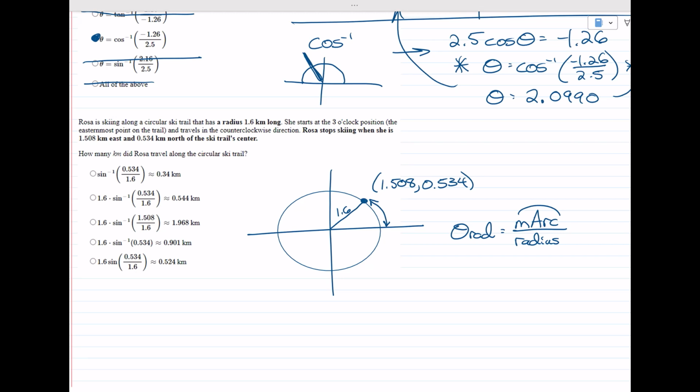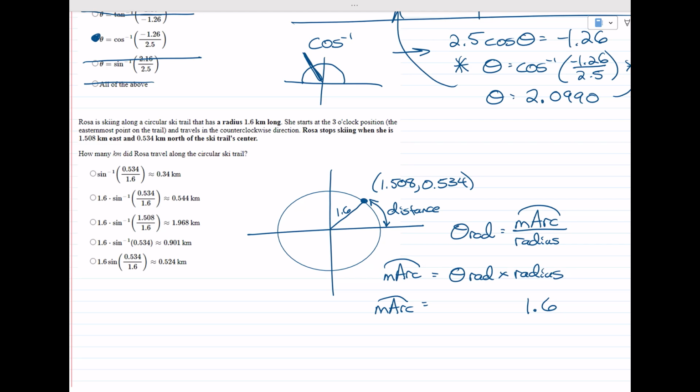So if we're looking to solve for the measure of the arc, which would be the distance here, let's just rearrange our problem: theta in radians times the radius would give us the measure of the arc, which is the distance we're looking for. So the measure of the arc, let's fill in the blanks here. Well, we know that the radius is 1.6 kilometers. We just have to multiply that by the angle.